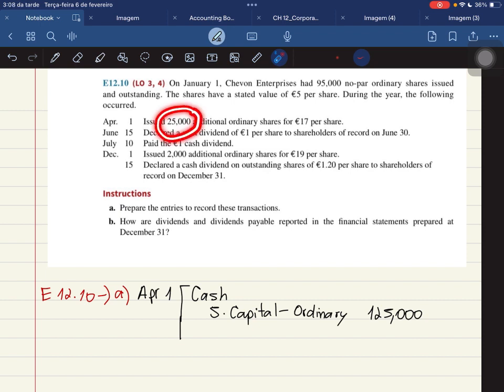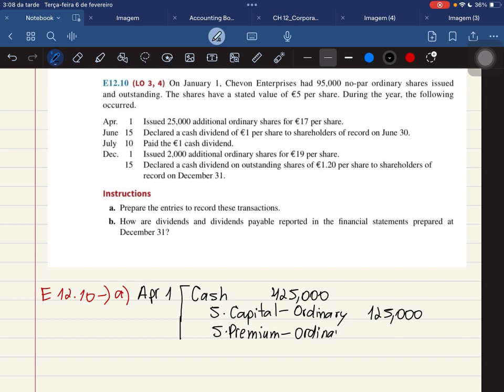So it's going to be the 25,000 times the 17. That gives us 425,000. And the share premium ordinary is going to be the difference between these two numbers. In our case, that is 300,000.